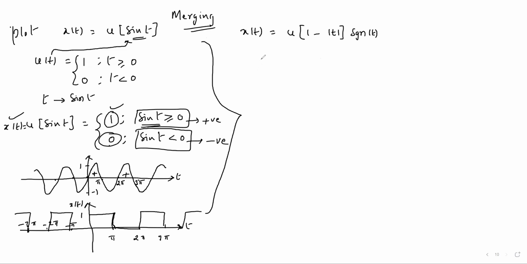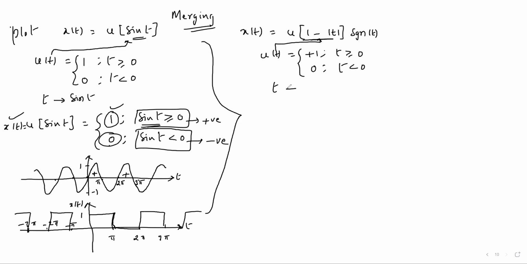So here again, consider the basic definition of the unit step function, that is plus 1 when t is greater than or equal to 0, and it is 0 when t is less than 0. Here in the t place, he has given the expression 1 minus mod t.